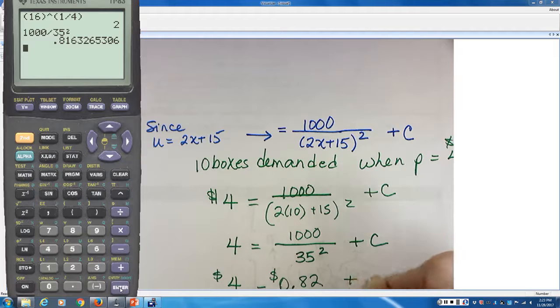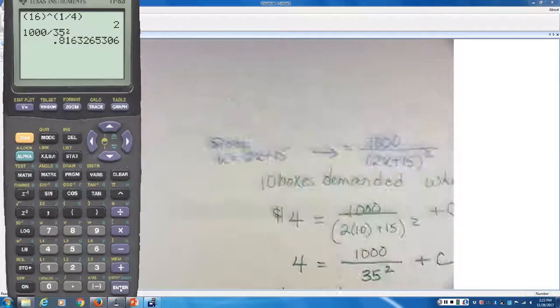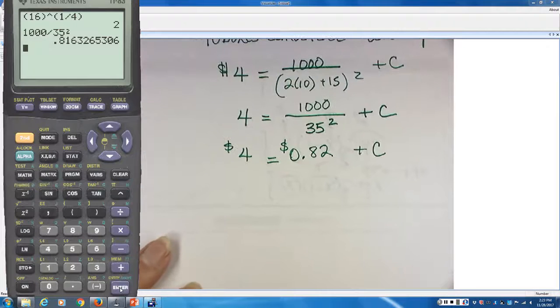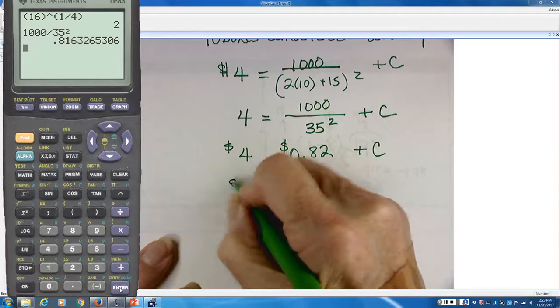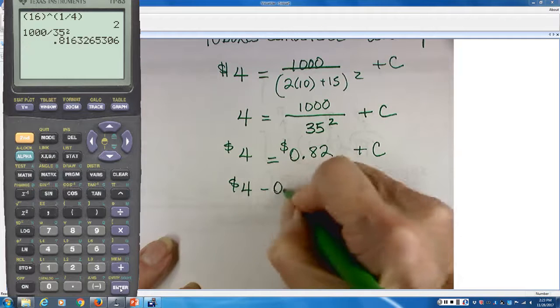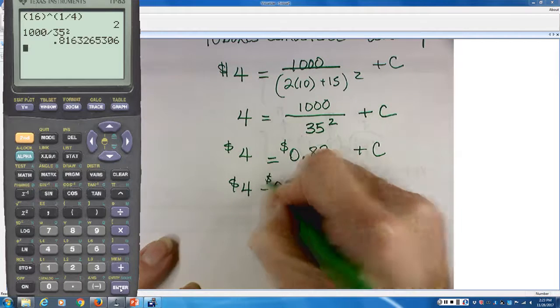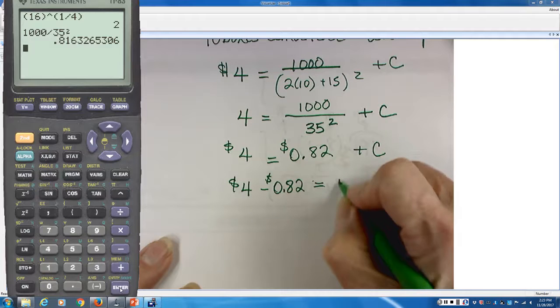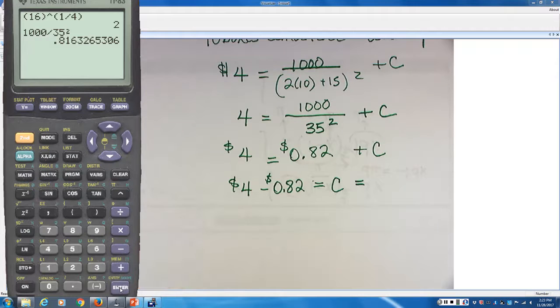Plus a constant. So that means the value of the constant for the demand formula is $4 minus that 82 cents.